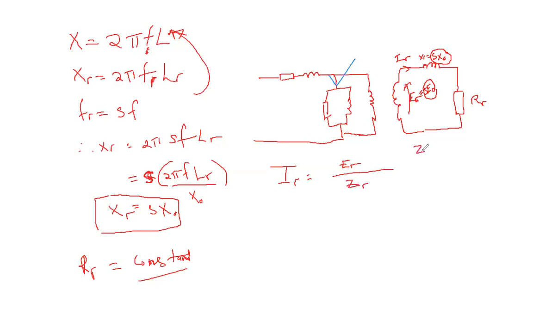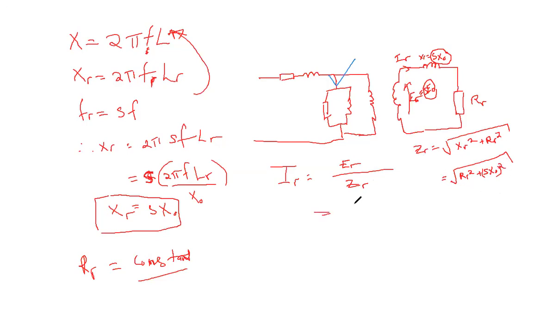In this case, my rotor impedance is equal to the square root of, don't forget these things, guys, XR squared plus RR squared. I can rewrite this, starting with R squared plus, now XR is XS naught, squared again. So that is our impedance.